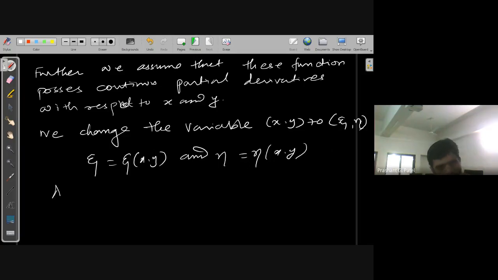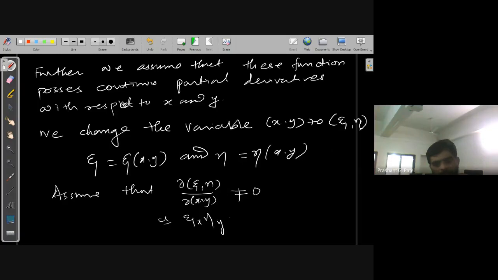We assume that the gradient of xi eta with respect to xy is non-zero. That means xi x eta y minus xi y eta x is non-zero.